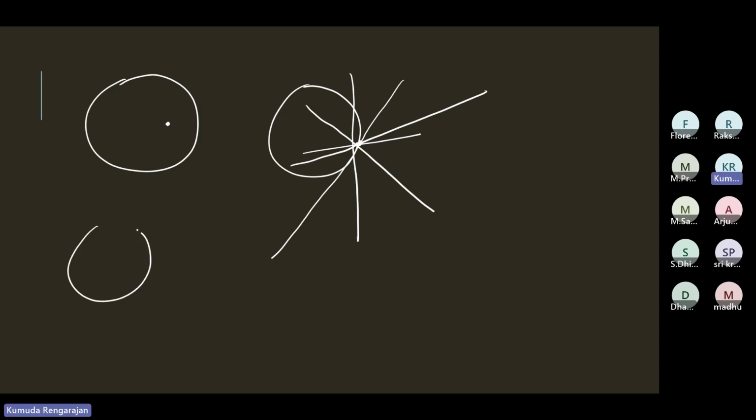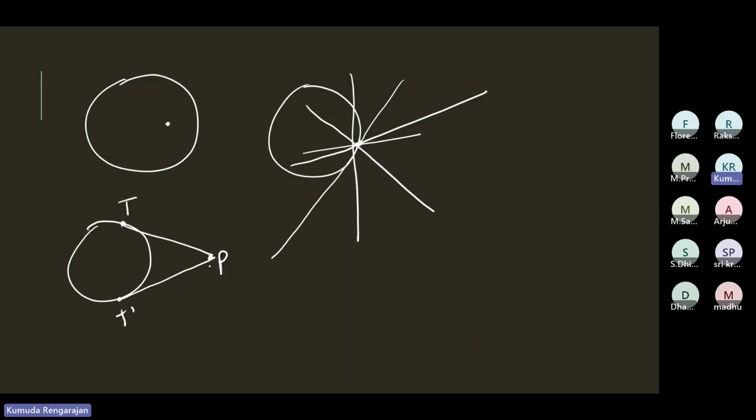Given a point outside the circle, exactly two tangents can be drawn. So given a point P outside the circle, exactly two tangents, PT and PT dash, can be drawn to the circle.